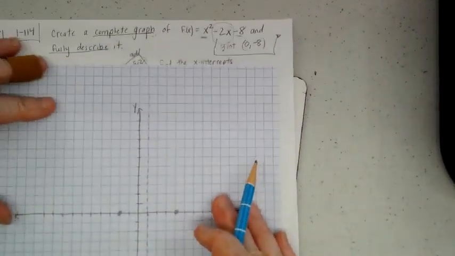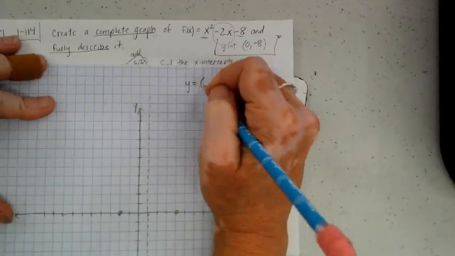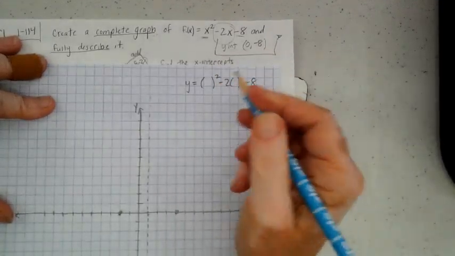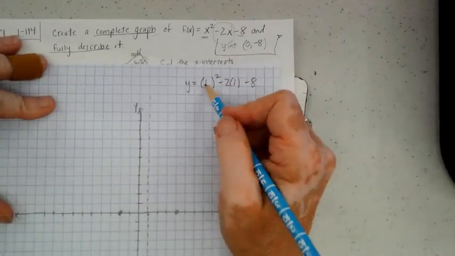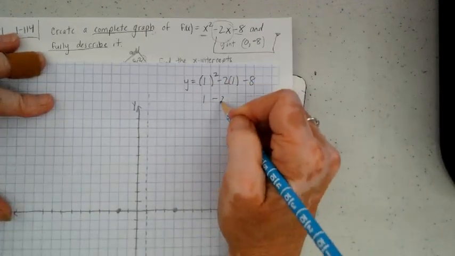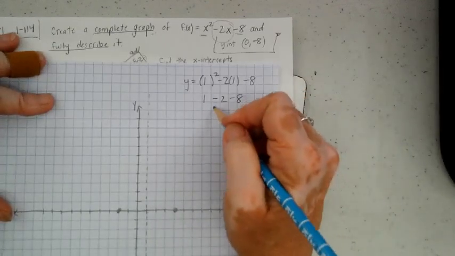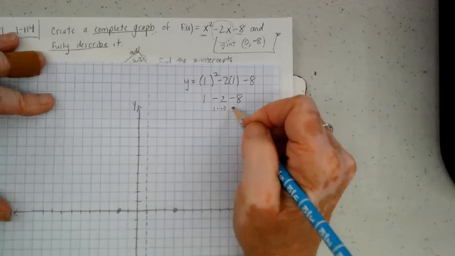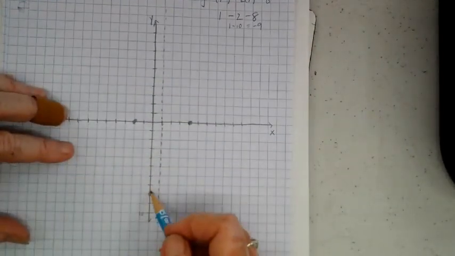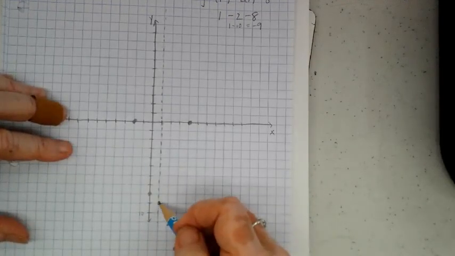So 1 squared is 1 minus 2 minus 8. So I've got 1 minus 10, I got -9. So that tells me that if that's -8, that's -9.